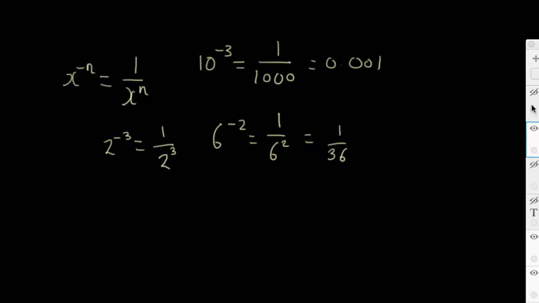Now I'm going to introduce you to something called the reciprocal, which is a nice little tool. Say we were asked for the reciprocal of 2. That would simply be 1 over 2.